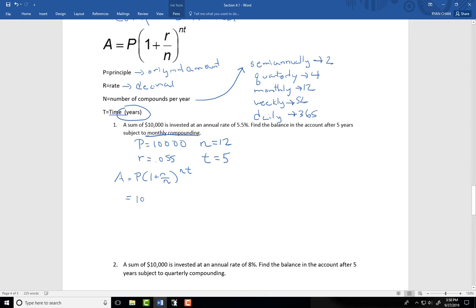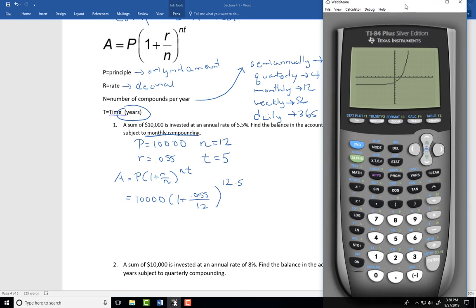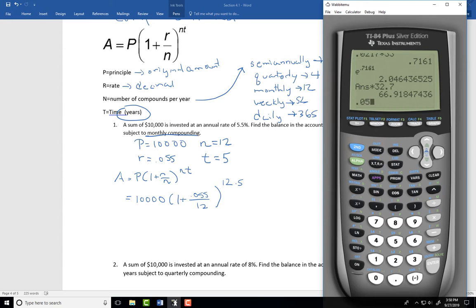So it's 10,000 times 1 plus 0.055 divided by 12, raised to the 12 times 5. I'm going to first divide by 12, doing the parentheses first, and I'm also going to do 12 times 5.